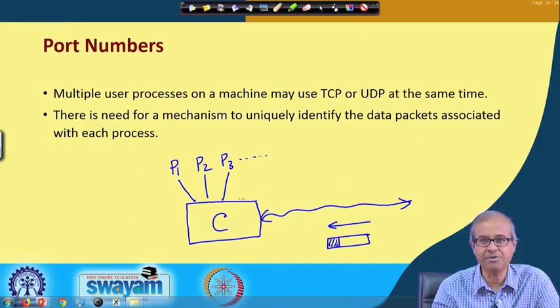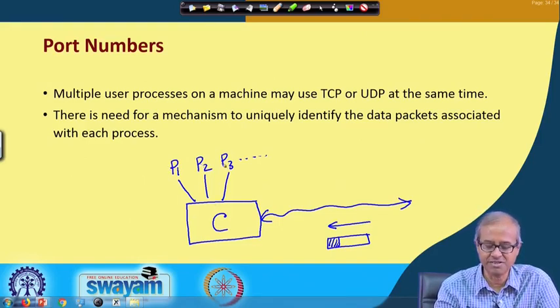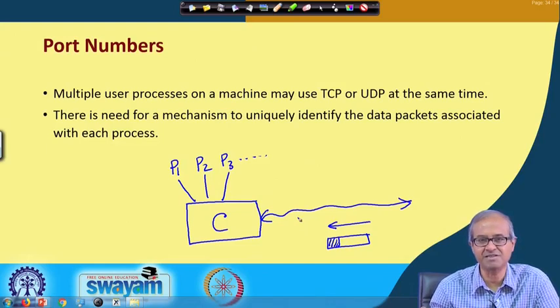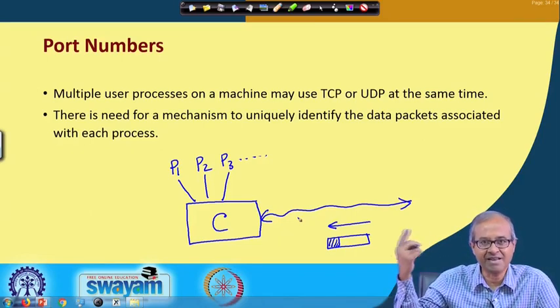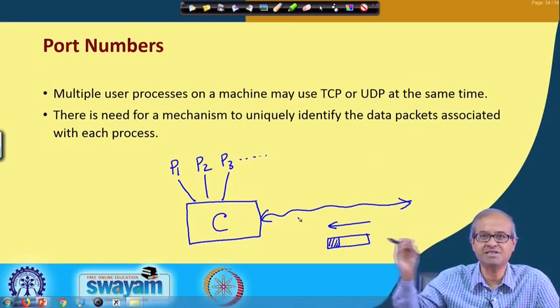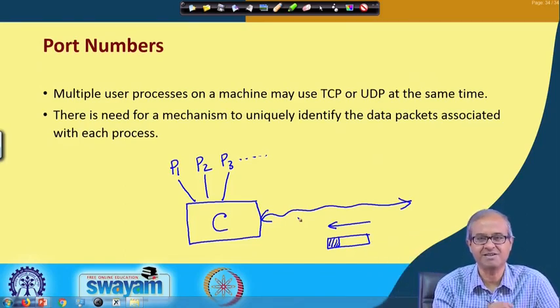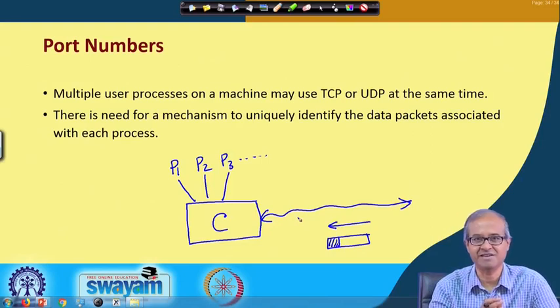On each computer, every running process is identified with a unique port number, and whenever at the transport layer level a message is being transmitted either using TCP or UDP, in the header there is a port number, and that port number specifies which process is sending that message, and at the other end which process is supposed to receive that message. Those port numbers identify that.